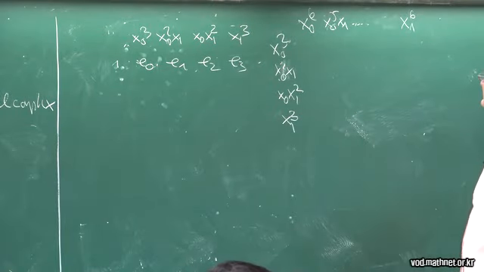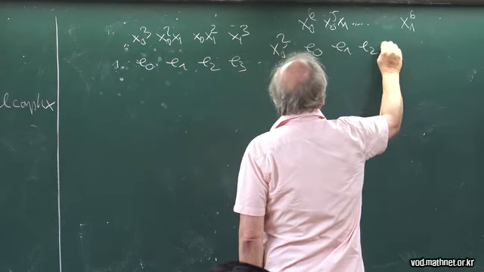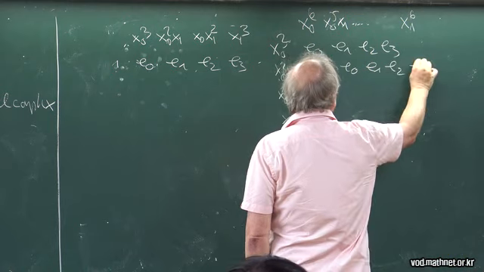So I get here E0, E1, E2, E3, and E0, E1, E2, E3.